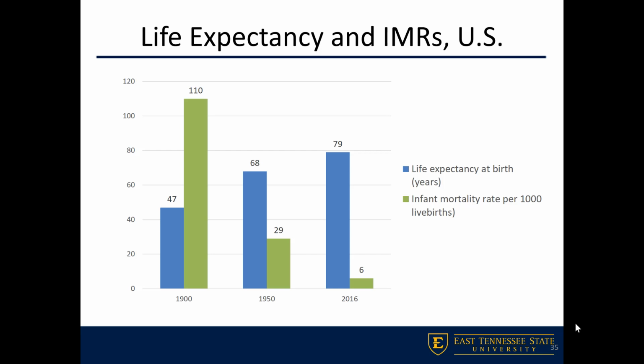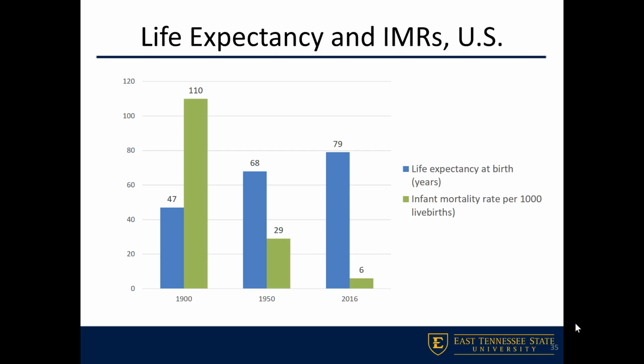Now this number is the average for life expectancy at birth in the United States. So in 2016, a baby born would expect to live to 79. What this number hides is the differences that we see between men and women and then between different racial groups, which we have a slide towards the end that breaks that down.